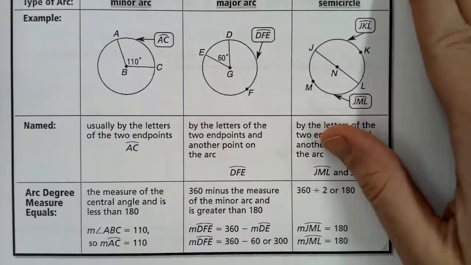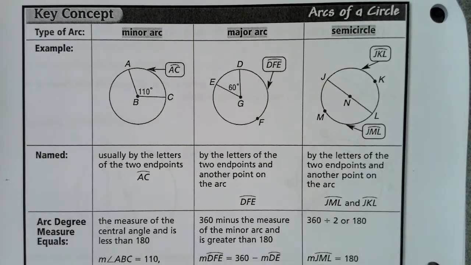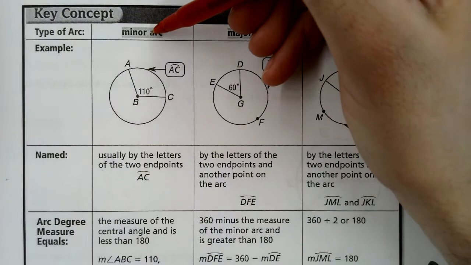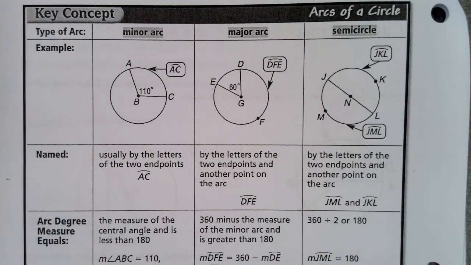So here we go. Let's talk more about arcs. There are three types of arcs. There are minor arcs, major arcs, and semicircles. Minor arcs are always less than 180.